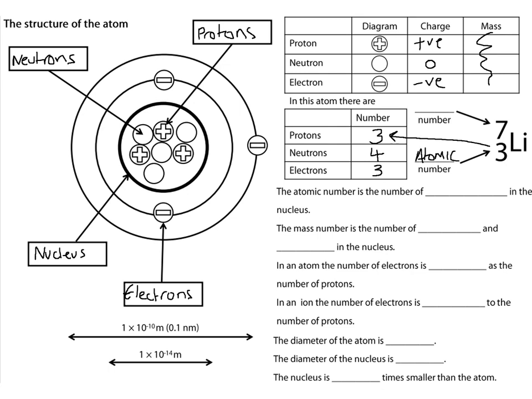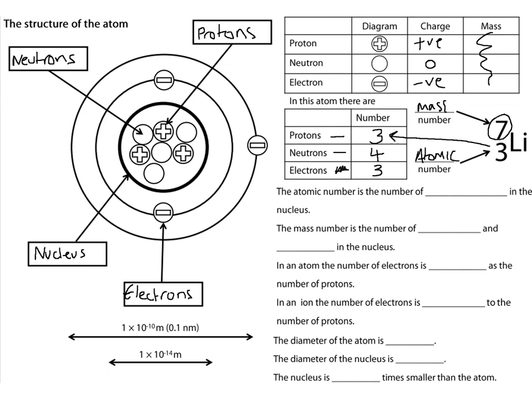The 7 tells you the atomic mass of the nucleus. So that is the number of protons and neutrons in the nucleus, which would be 7.